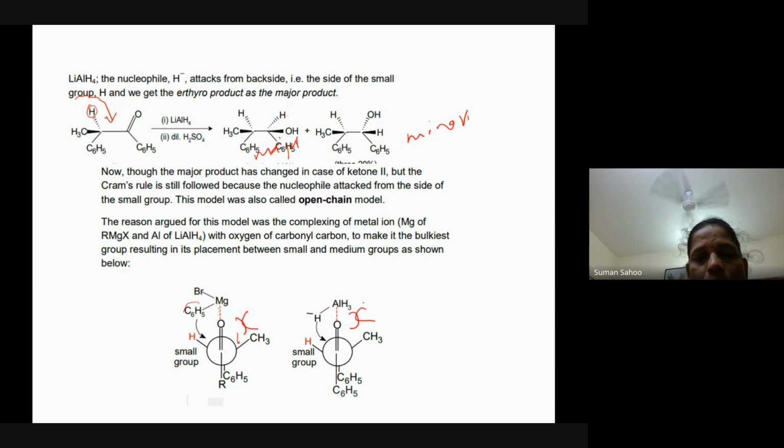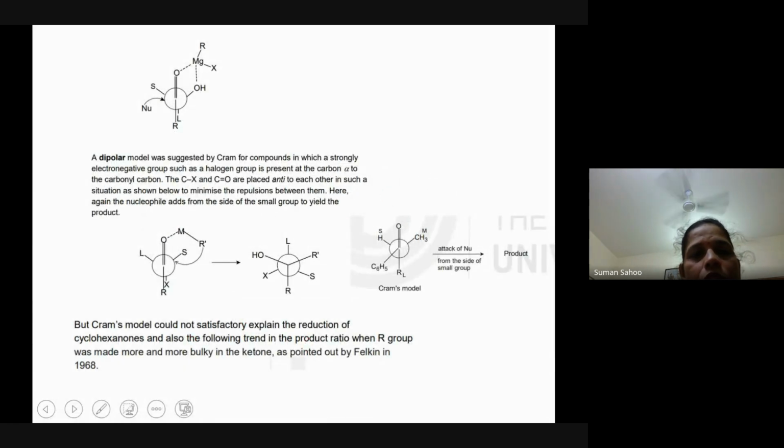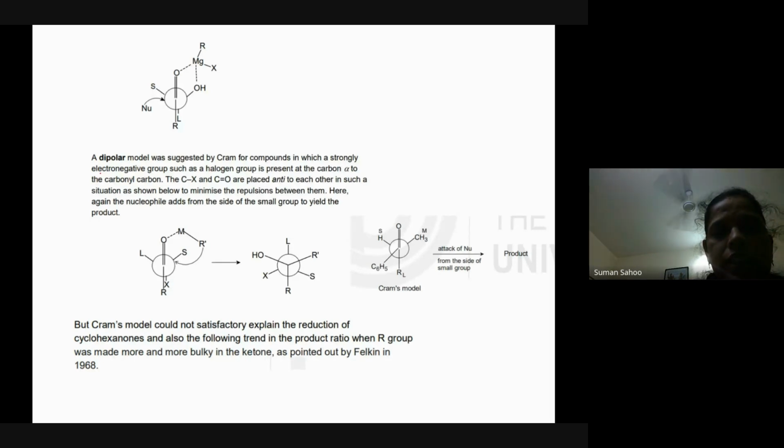So according to Cram's rule, whenever your nucleophile is attacking your carbonyl carbon, it will attack from the smaller side. So he proposed a model in which in the Newman projection, the carbonyl carbon and the large group are on opposite sides. Then you can just put your smaller groups and it will attack from the smaller side. So another dipolar model was suggested where you have a strongly electronegative group such as a halogen present at the carbon alpha to the carbonyl carbon.